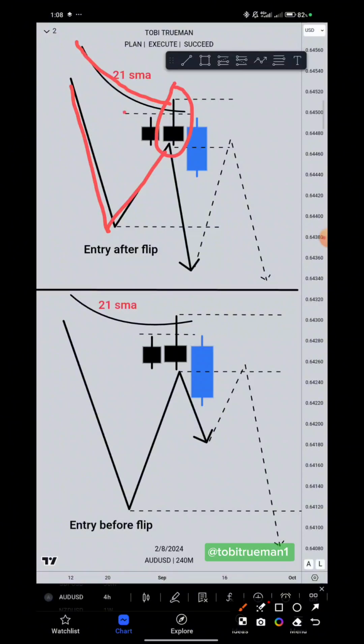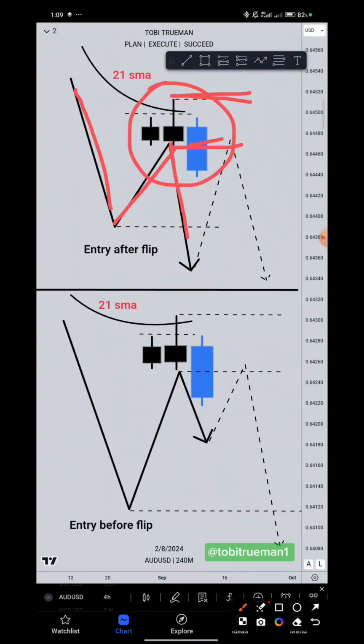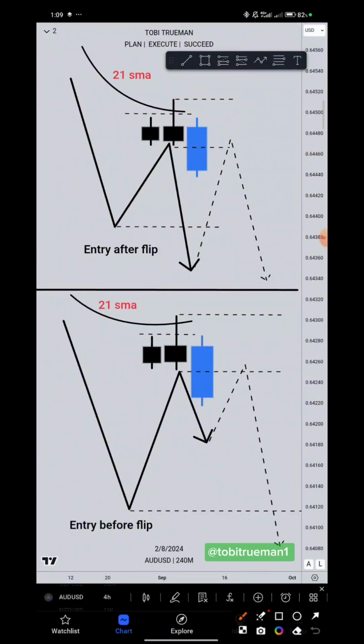After that, you can see that the wick of the number one candlestick and number 3 candlestick, they are below the wick of the number 2 candlestick, and as such, the entire body of the number 2 candlestick is now a signal. And you see that when price just gave us the signal here, price came to form a flip first before it now went back into the signal and tapped along with it and continued to sell.